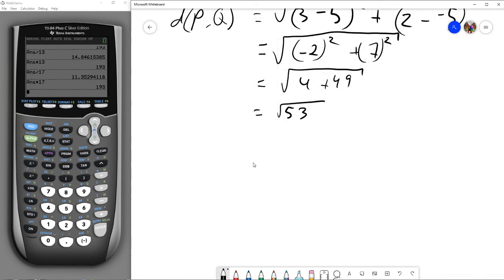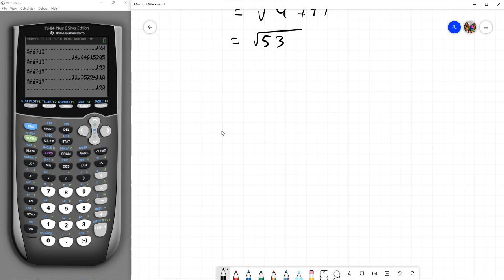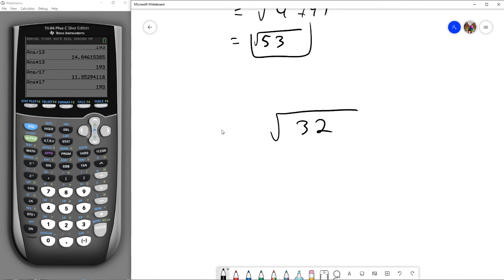And you're probably wondering what I mean by that. So if, for example, you had something like the square root of 32, we'll put a box on it. That's our answer. If we had square root 32 as our answer, we need to reduce that down. So 32, we can notice that it's divisible by 2.